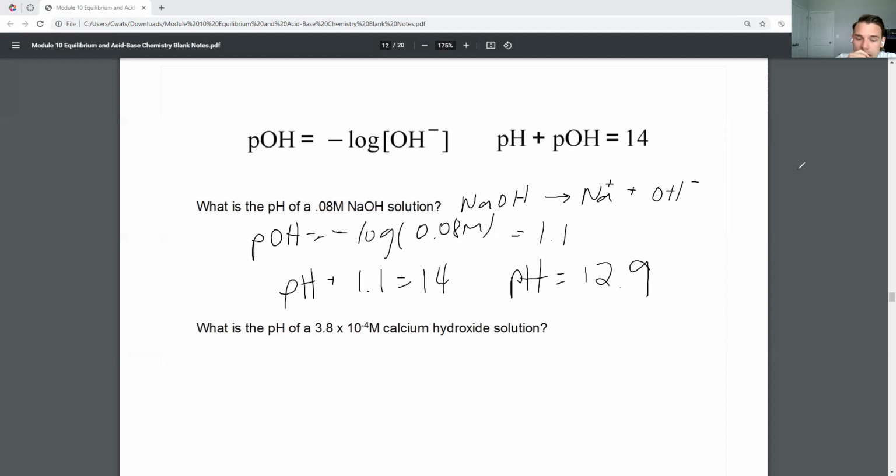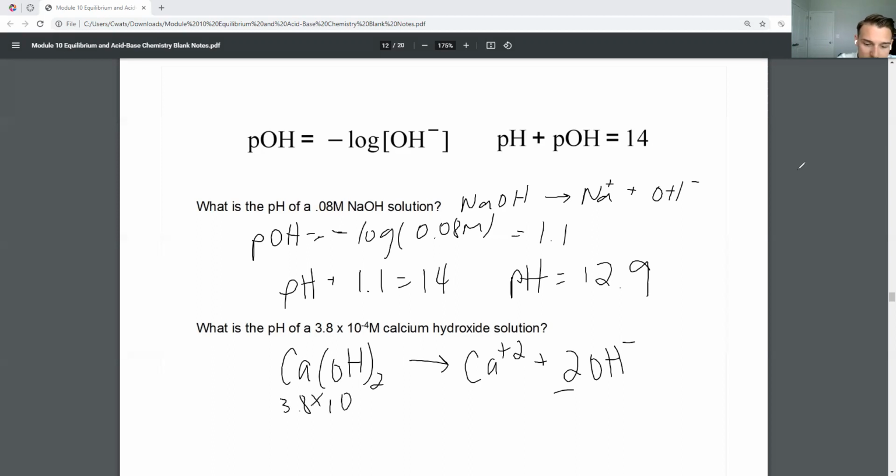Okay, now this next one is a little bit different only because if you look at the equation, it is a strong base and I get two of these hydroxides. So if I have 3.8 times 10 to the negative fourth, based on my stoichiometry, this is going to be 3.8 times 10 to the negative fourth times 2.